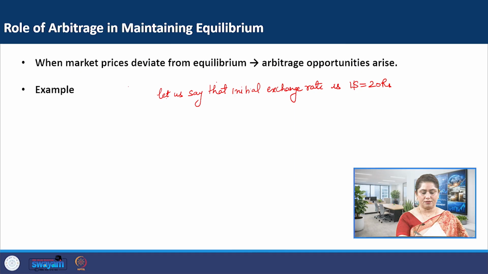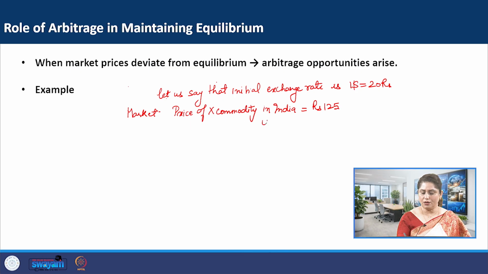But in the market, there is now a change in the prices of the commodities, and now the price of commodity X in India is rupees 125, and the same commodity in USA is $5.